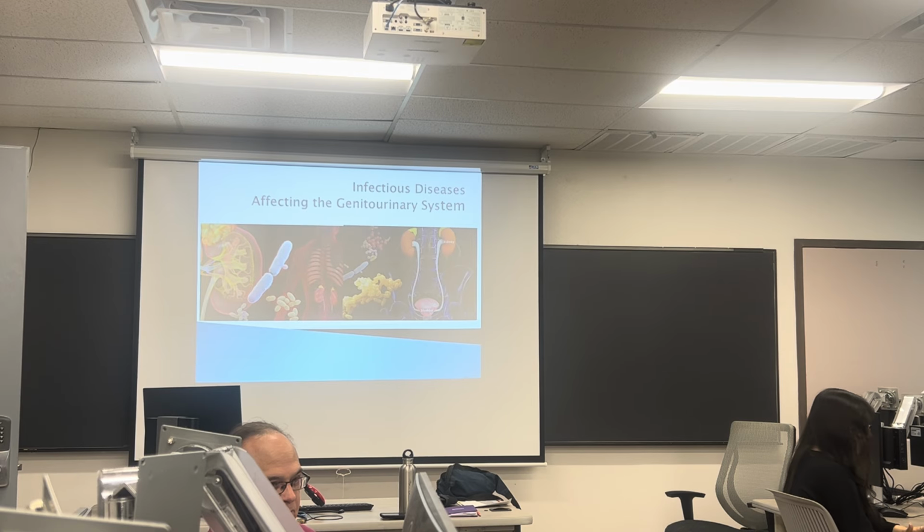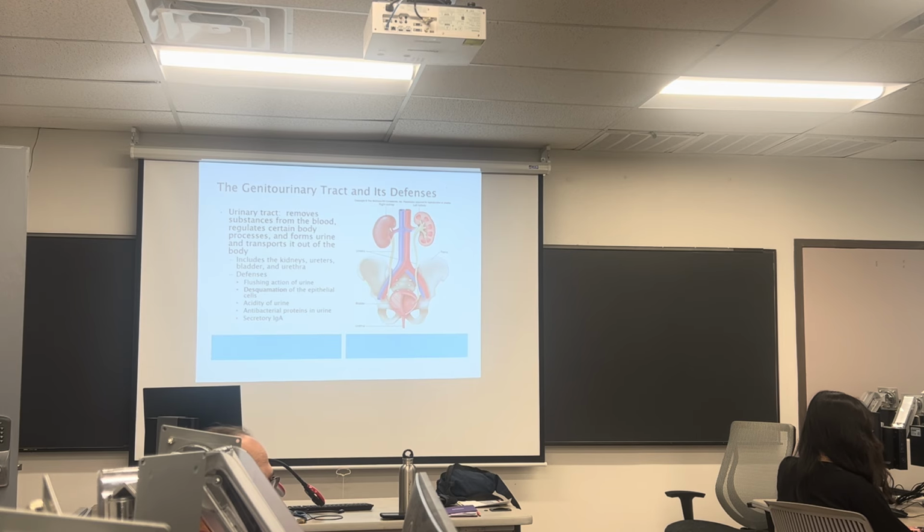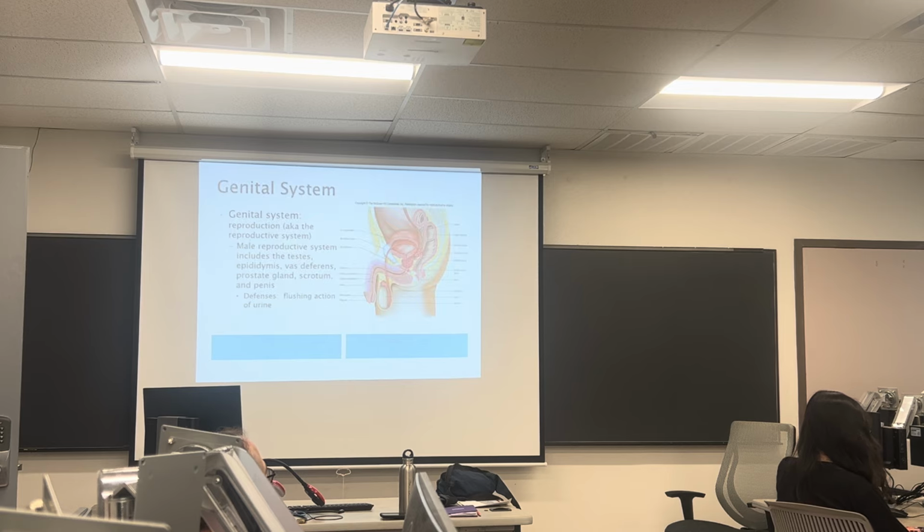Let's get started. So if we think about the anatomical structures of the urinary tract, it's the kidneys, the ureters, the bladder, and the urethra, and all of those things can be infected. Right? So we're going to be talking about urinary tract infection in just a minute. The second thing is we look at the reproductive structures of a male.